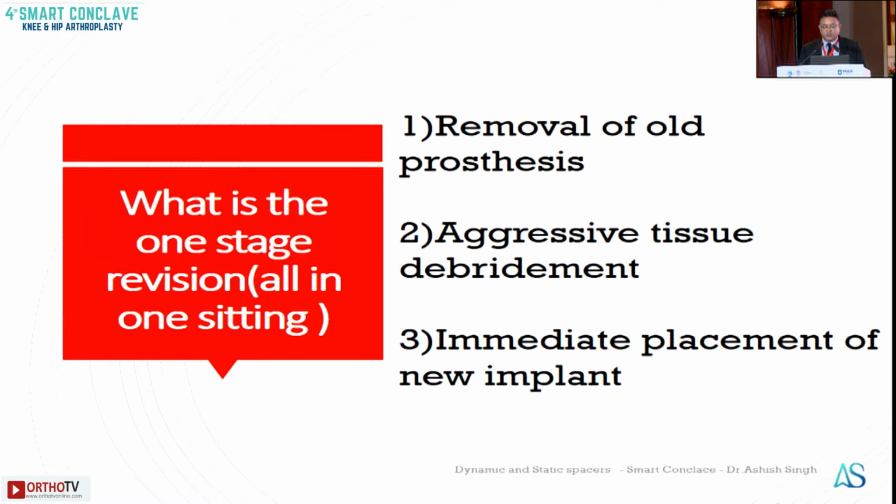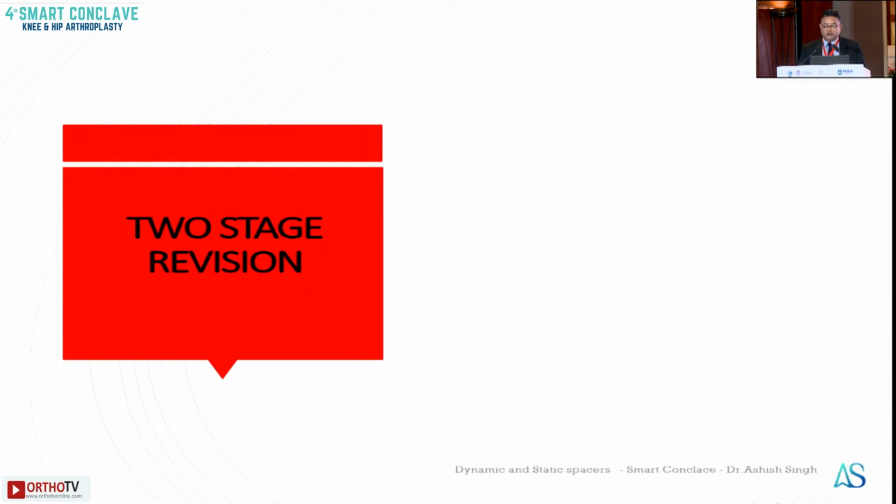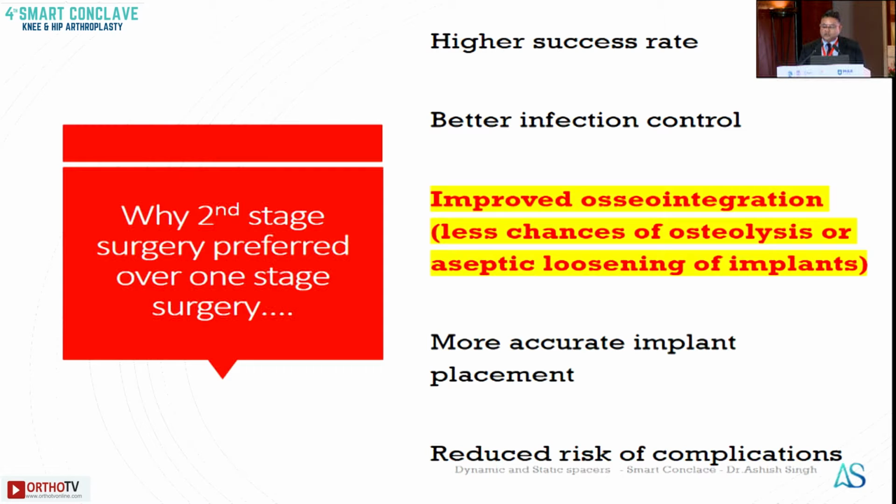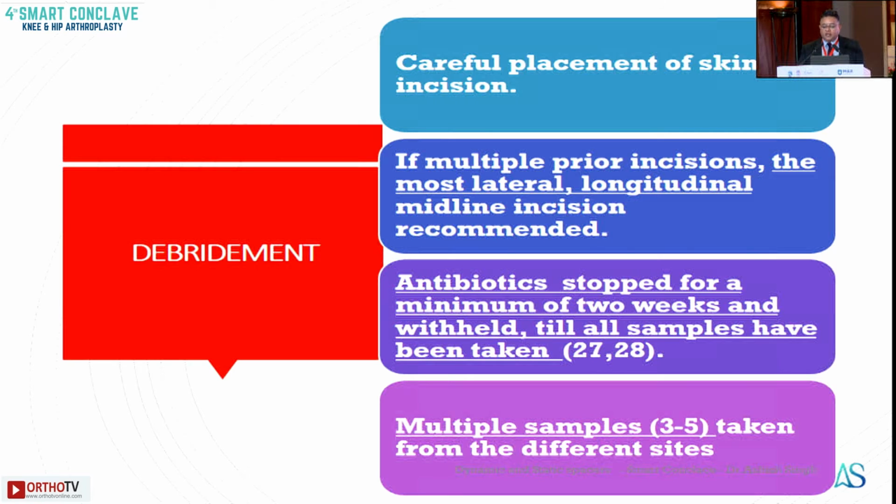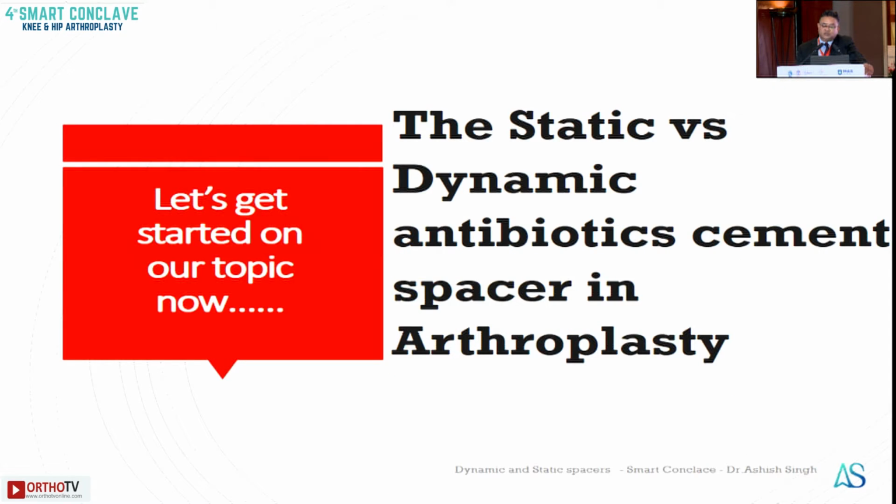So basically, one-stage revision is removal of the prosthesis with aggressive tissue debridement, and you take it from there. But when we talk of two-stage revision, we need to put something inside, and we do a proper debridement. As Dr. Manuj Wadhwa has shown in a very good video, we need to take out the prosthesis well and then put something inside.